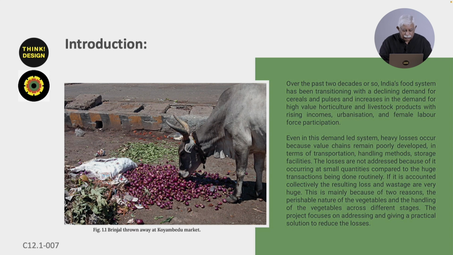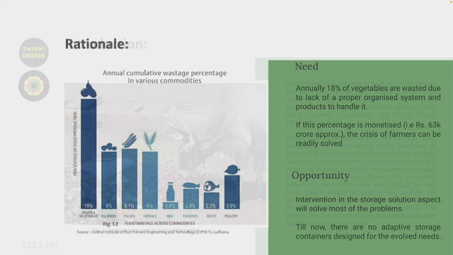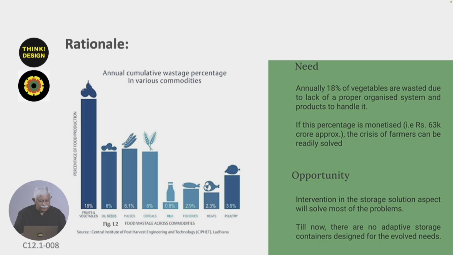Even if the demand has increased, there are heavy losses because of transportation, handling methods, lack of storage places, and a lot of other factors. If you look at the graphs here, annually 18% of the vegetables are wasted due to the lack of a proper organized system and products to handle it.